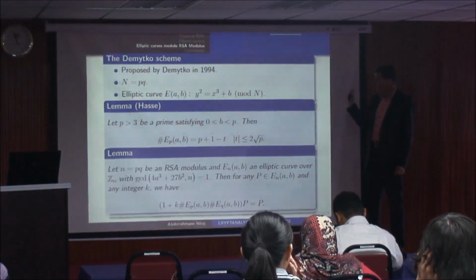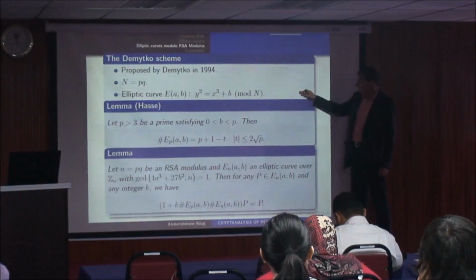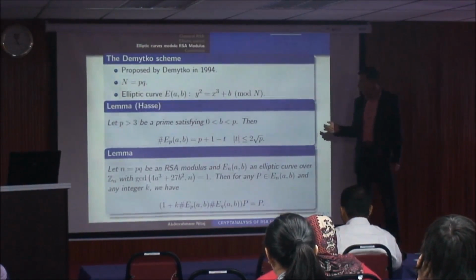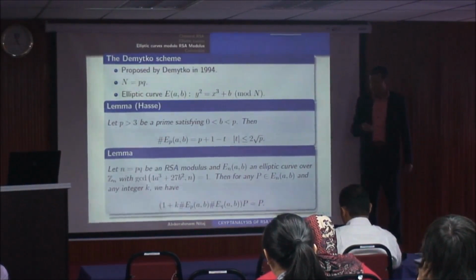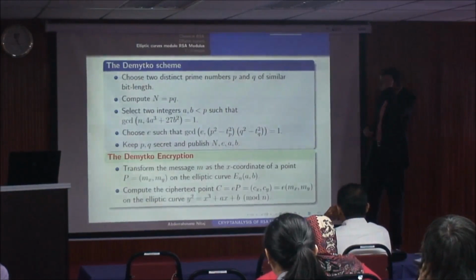So the Vitko scheme is mainly based on this equation, using the RSA modulus, the Hasse lemma, and also the Chinese remainder theorem.